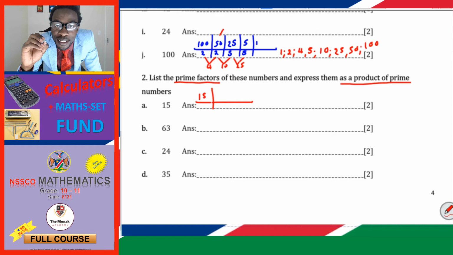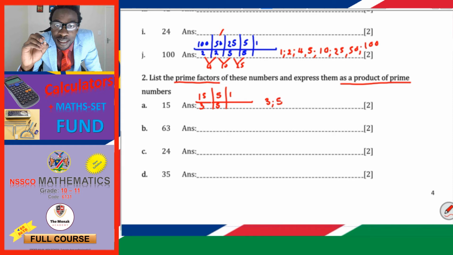We know 2 is not going to work. 3 is a prime factor, we try 3. 3 goes into 15 5 times. And then we try 5, it goes once. So the prime factors of 15 are 3 and 5.